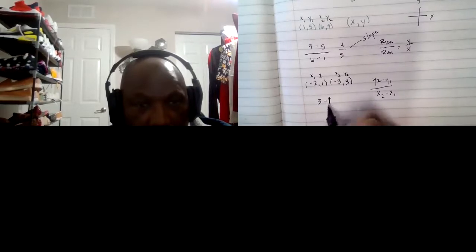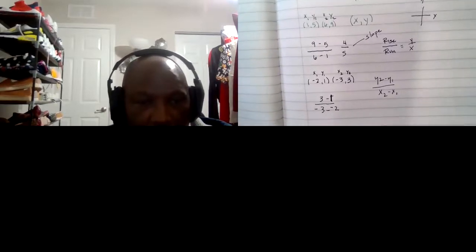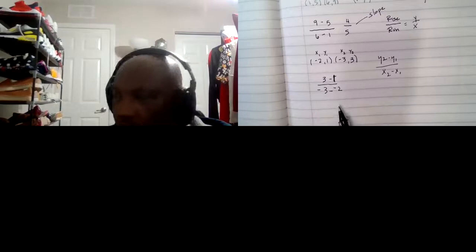Wasn't looking where I should have been. 3 minus 1 over x2 is -3 minus x1 is -2. All right, that's a little messy. We have 2 negatives in a row. What happens when we have negatives lined up like that?